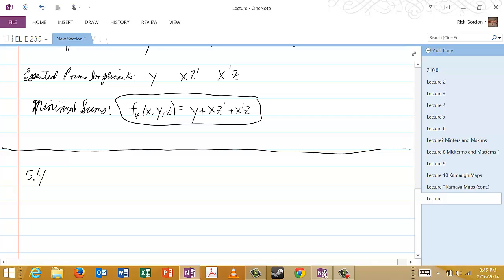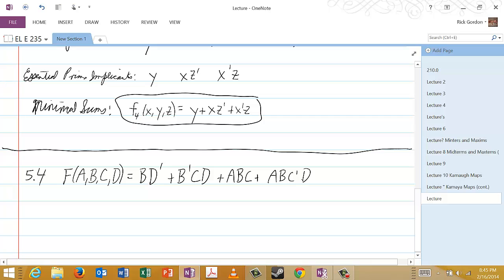And we'll look at capital F of A, B, C, D is equal to B, D prime, or B prime, CD, or ABC, or ABC prime D, or B prime D prime.